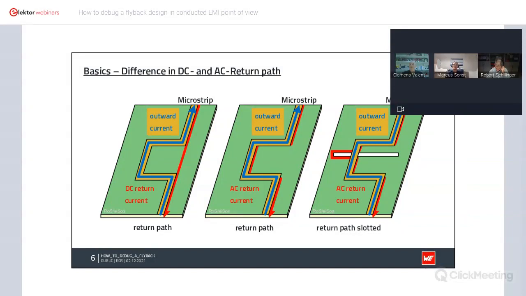The return path you can think of as a complete plane, not as a single strip. It's a ground plane or a return plane. Therefore the current will flow on the lowest resistive way, and this is the red arrow, directly back to the source.